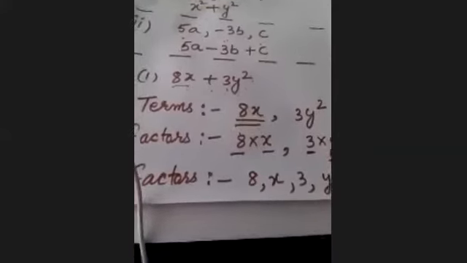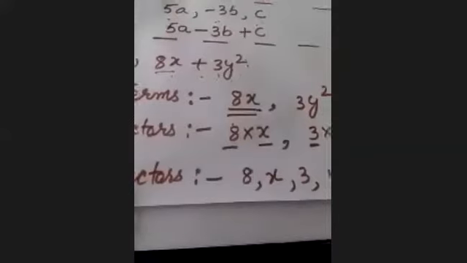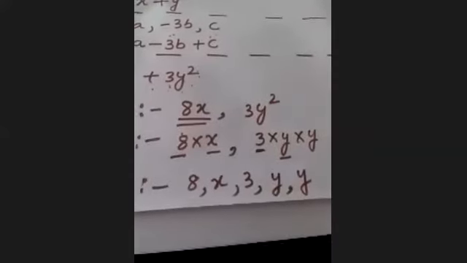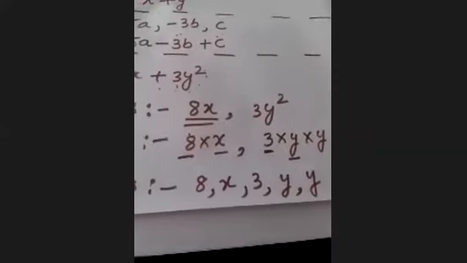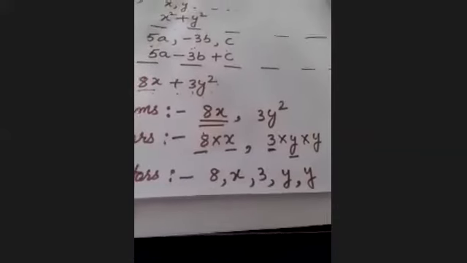Now find the factors. In the first term we have two factors, 8 multiplied by x, and in the second term we have three factors, 3 multiplied by y multiplied by y. So all factors of this algebraic expression are 8, x, 3, y, y.